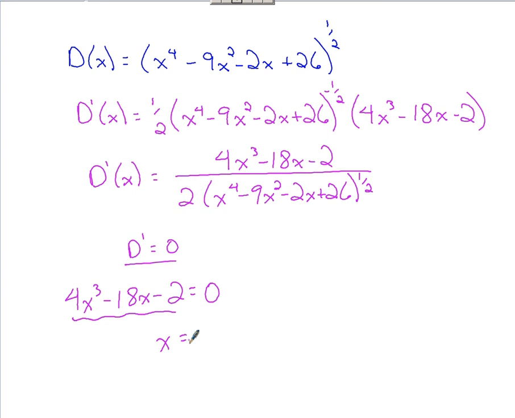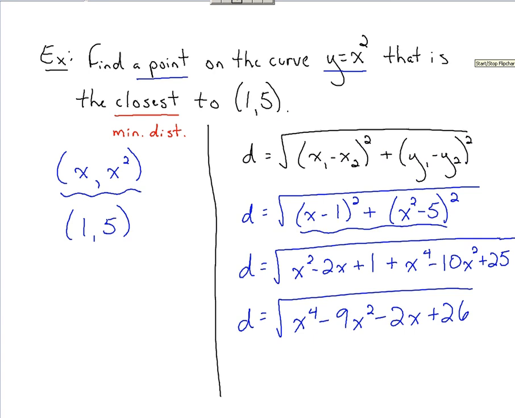If we do that correctly, it turns out that x equals 3 things. We've got negative 2.06, apparently it crosses the x-axis there. Also crosses at negative 0.11, and it crosses at 2.17. Now, this x value is supposed to represent the x value at the point we're trying to find, which is the point that would be a minimum distance away from this guy right here, 1, 5.